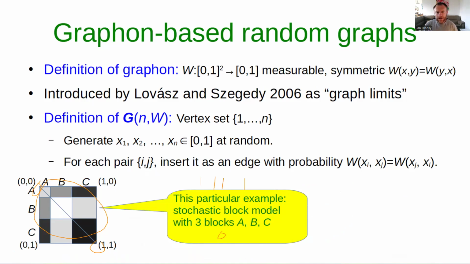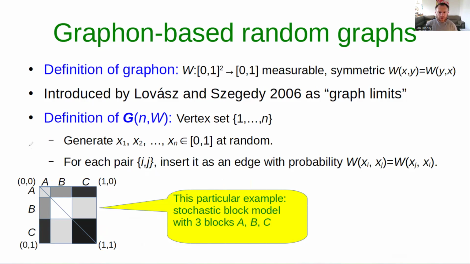A simple intuitive example of this is the stochastic block model. This is the case where you can partition the ground space into a finite number of blocks, like I'm doing here with blocks A, B, C, so that on each of the rectangles generated by these blocks, the graphon is constant.